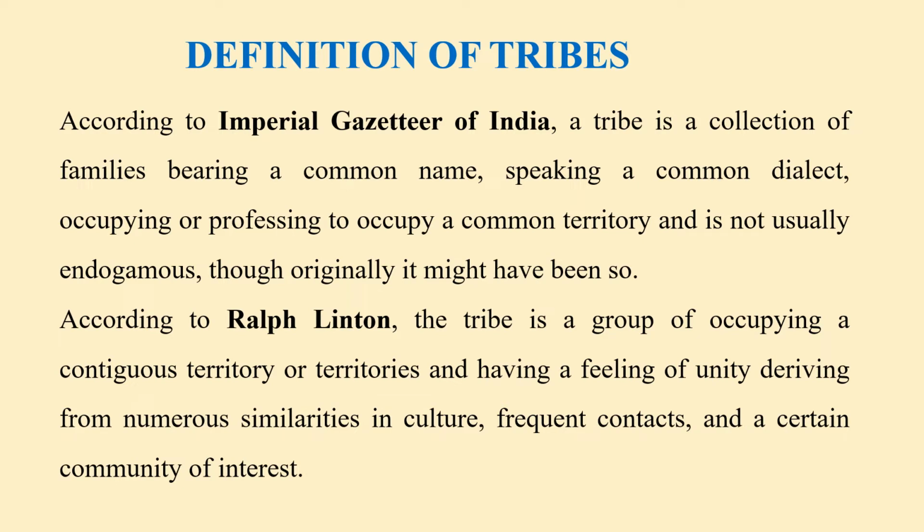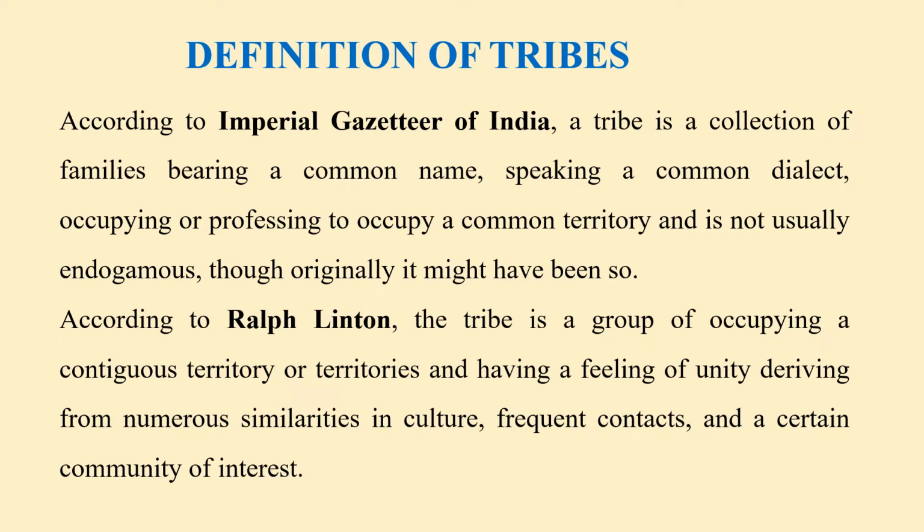Let us now move on to the definition of tribes. According to the Imperial Gazetteer of India, a tribe is a collection of families bearing a common name, speaking a common dialect, occupying or professing to occupy a common territory, and is not usually endogamous, though originally it might have been so.